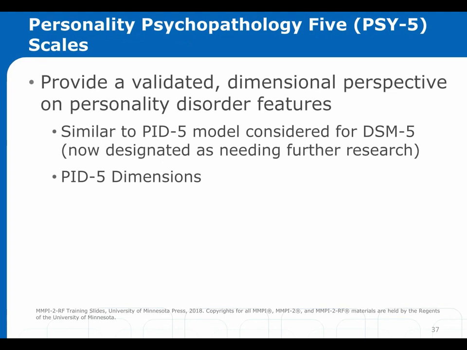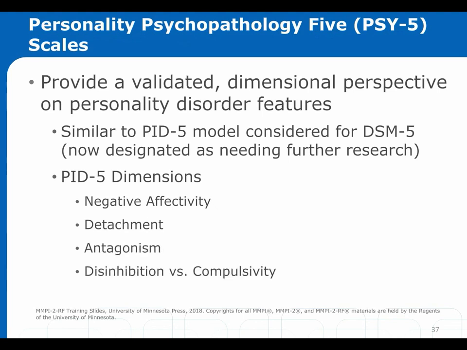But for this model, there was a measure developed to assess the 5 broad dimensional factors of personality pathology. And this measure was called the PID-5, or the Personality Inventory for DSM-5. And the 5 dimensions that were measured by the PID-5 included negative affectivity, detachment, antagonism, disinhibition, and psychoticism.